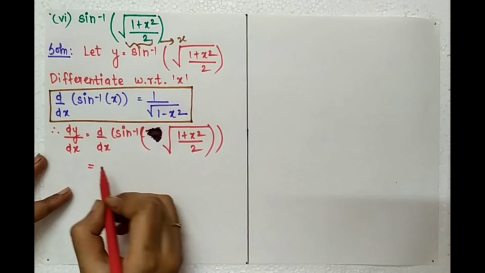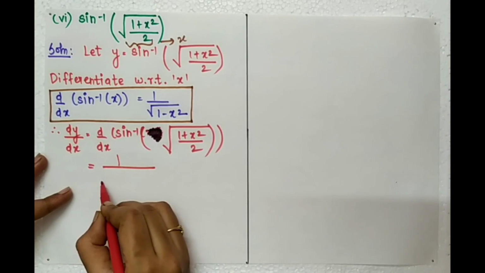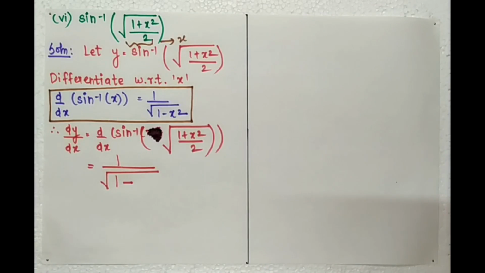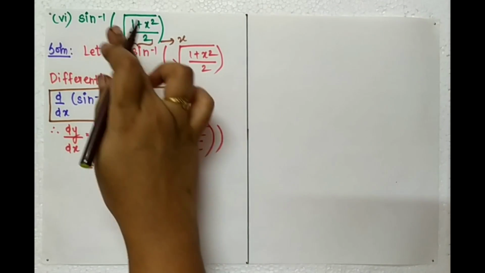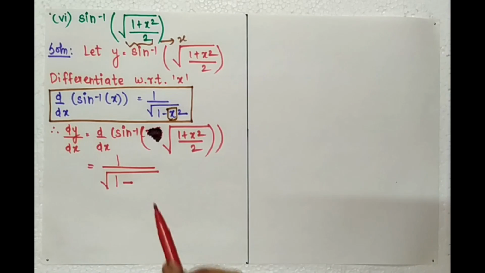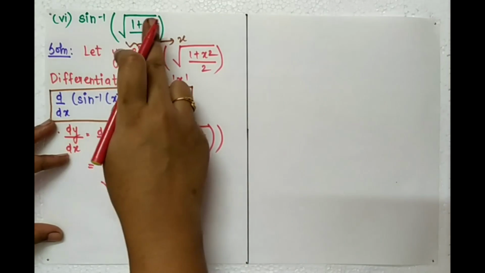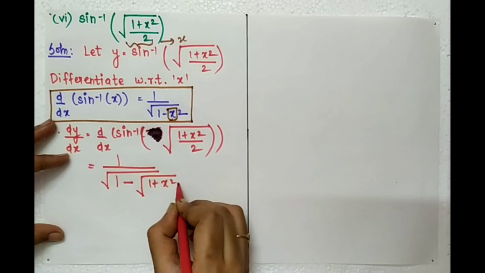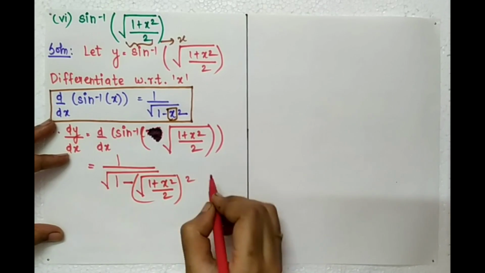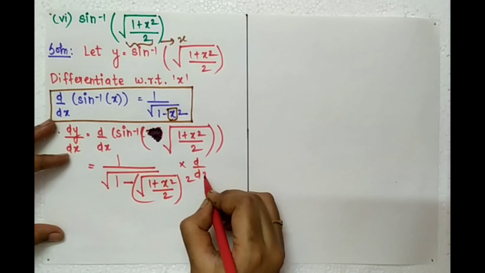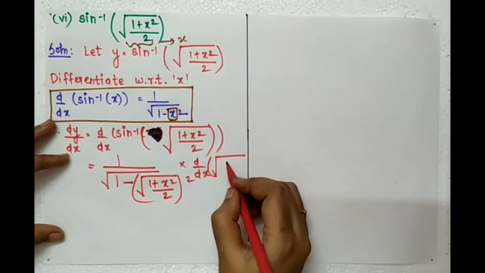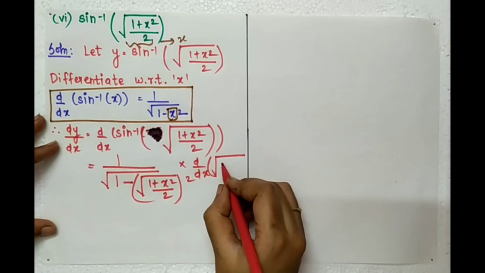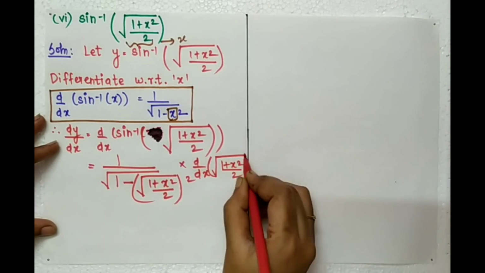So this becomes 1 upon root of 1 minus, in place of x we are going to substitute root of 1 plus x square by 2. So this is 1 plus x square by 2, root the whole square, into d by dx of root of 1 plus x square by 2.